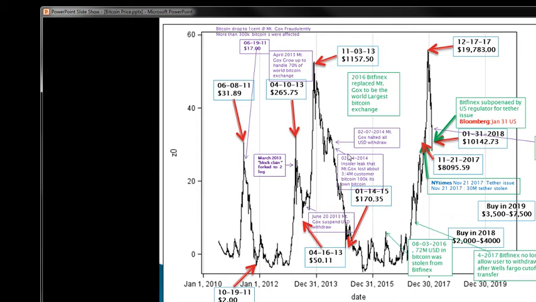So the criterion is, if it is much higher than your basis, then just sell it. Why not? Get your money and go away. You bought it at a much lower price. Why not?